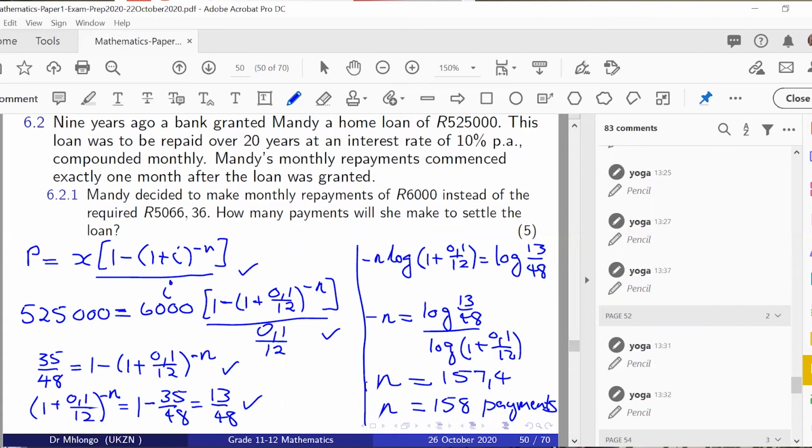And then, because we want to solve for n, we take the logs on both sides, getting into this step. And then after that, we use our calculator to get n equals to 157.4. And n equals to 157.4 can be approximated by 158. So he actually made about 158 payments. That takes care of 6.2.1.